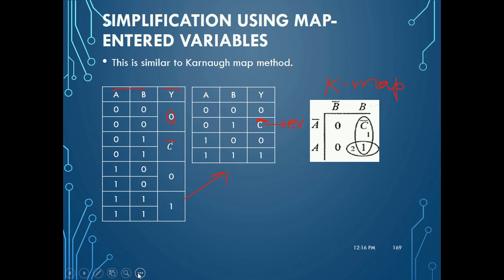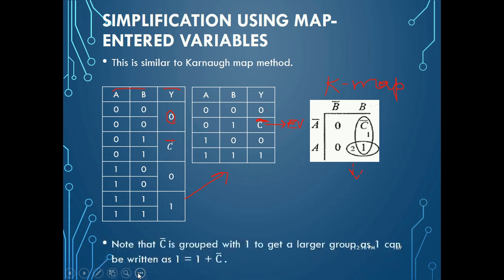Now you have to write the final expression for this particular problem. So how do you write? Y is equal to BC bar plus AB, I have written here. So how do you get this answer? You may be thinking how to get this answer. Let us look into the problem now. Here, 1 is encircled in this manner, and C bar can take any value depending on the AB values.